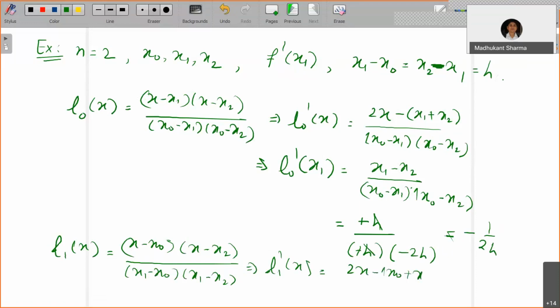You can use symmetry here. Okay, so x1 minus x0 times x1 minus x2. Now this will imply L1 dash at x1. What is the value? So this is going to be 2x1 minus x0 plus x2, right? So let me go on the next page.